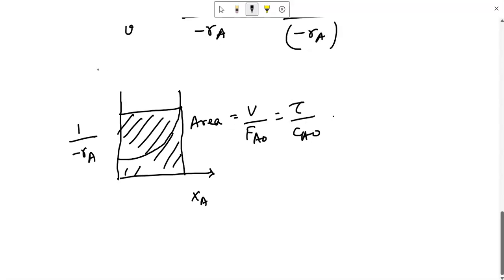This is for the general case, that is, any epsilon A.